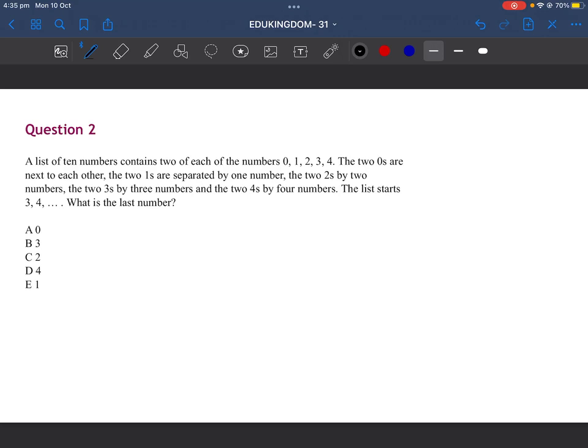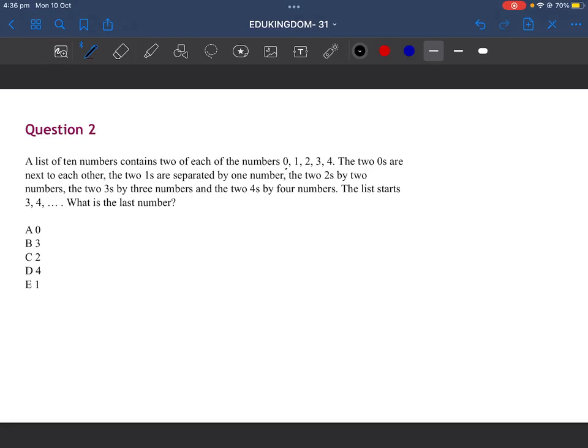Now, this question, not necessarily hard, but the only difficult section is understanding what it's saying itself. So let me clarify that 0, 1, 2, 3, 4 are the only numbers we're going to be using, not 5, not 6, nothing like that.